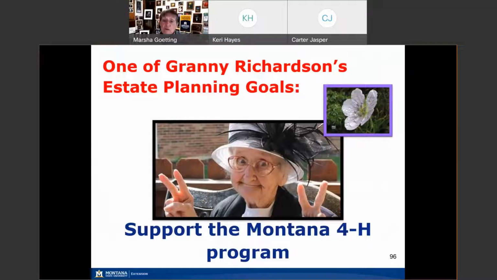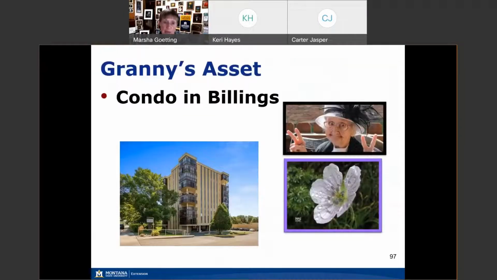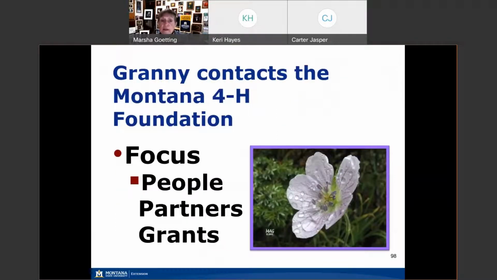And what Granny wants to do is support the Montana 4-H program. Now, she probably has some other favorite charities as well, but the 4-H program she really believes in because she was a 4-H leader. And what she has is a condo in Billings, believe it or not. And she has decided that she wants to give the money to the 4-H Foundation, but she wants to tell them how to use it. In other words, she wants to focus on a program that she's aware of.